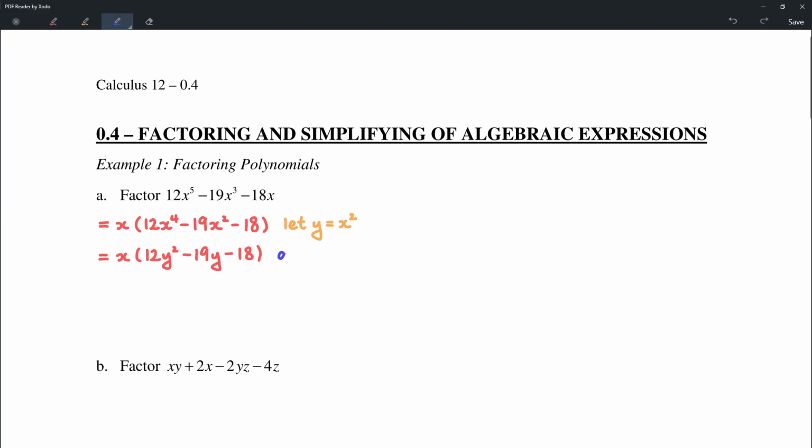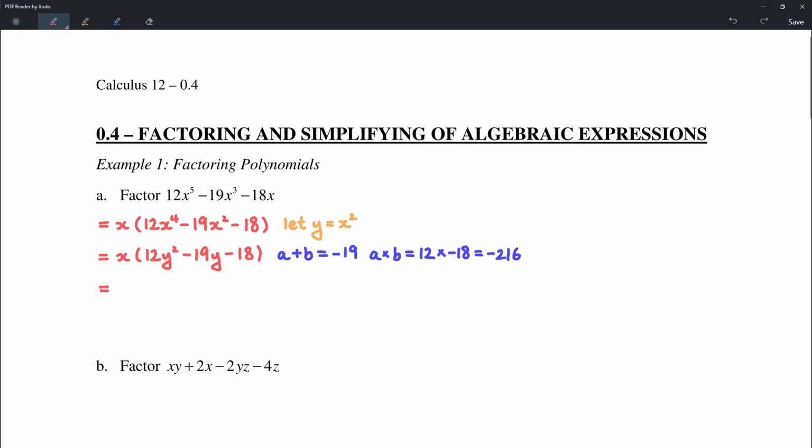So we are looking for two numbers, a and b, where the sum is negative 19, and the product will be 12 times negative 18, which is negative 216.